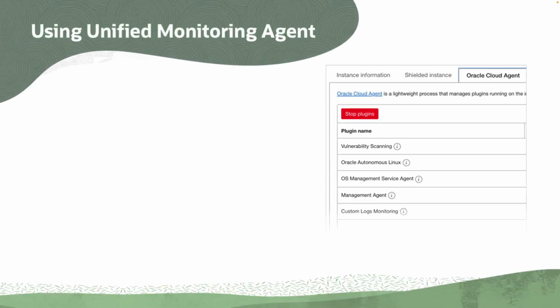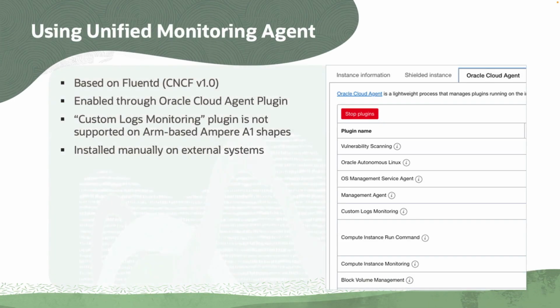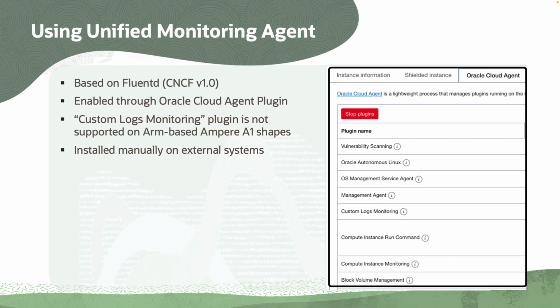The unified monitoring agent is based on Fluentd that used the CNCF specification version 1. It is an open source data collector that provides a unified logging layer between the data source and backend systems. There are different ways you can deploy this agent. The agent can be enabled through the Oracle Cloud Agent plugin UI.